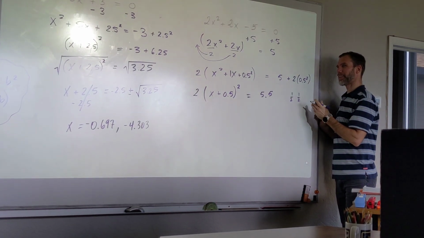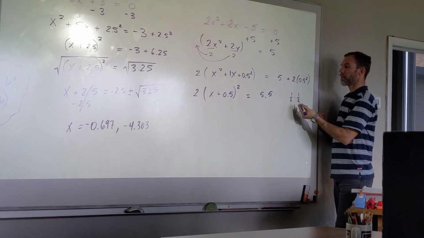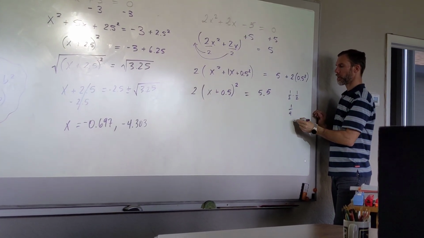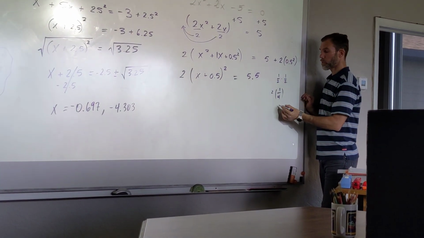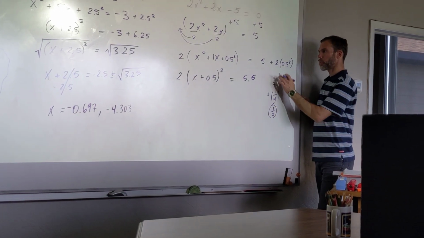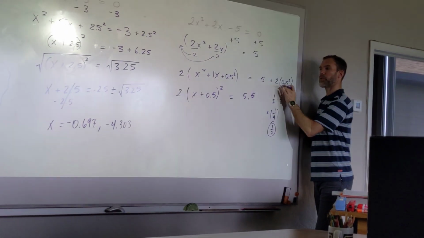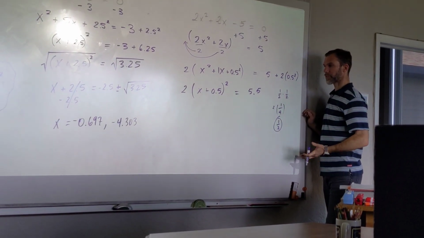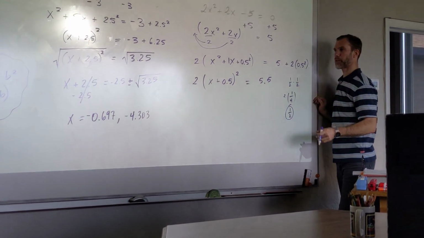Yeah, it kind of works out that way in this problem. So 1/2 times 1/2 is 1/4, and then times 2 gets you back to 1/2, which is 2/4 or 1/2. So this piece right here is 0.5. And so 5 plus 0.5 is 5.5. You can of course do this on a calculator, but it's good brain work here.